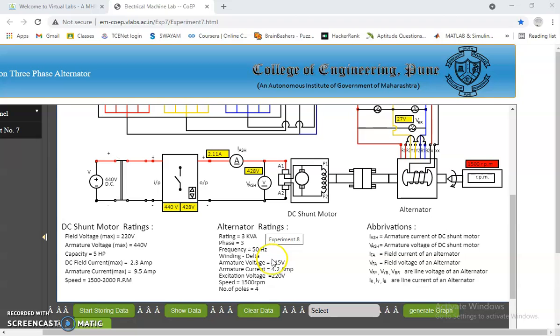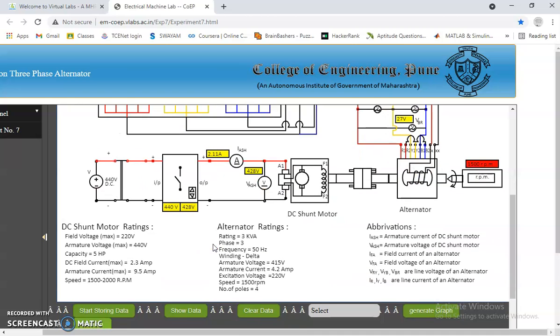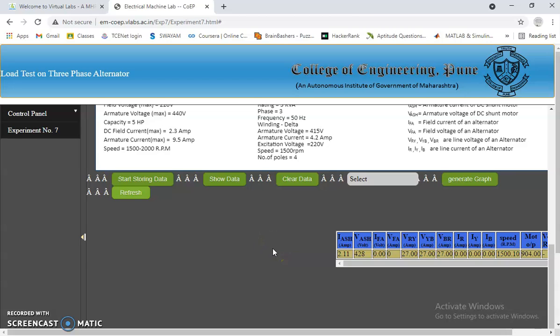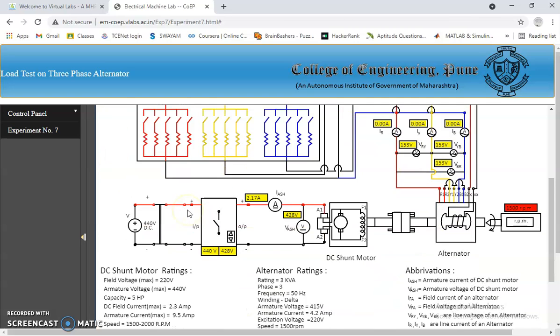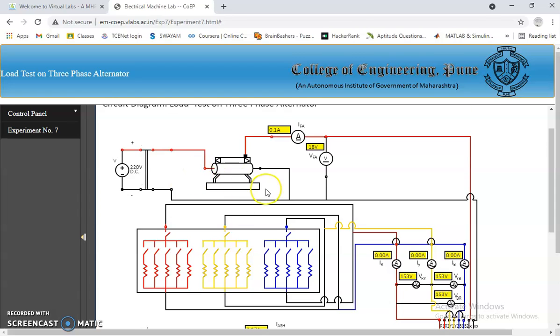Then we need to bring the alternator to its rated voltage, 415 volt, by switching on the 220 volt DC supply. First, at its no load condition, let's start storing data and give show data. Now the voltage is increased gradually. At the same time, start storing its data.